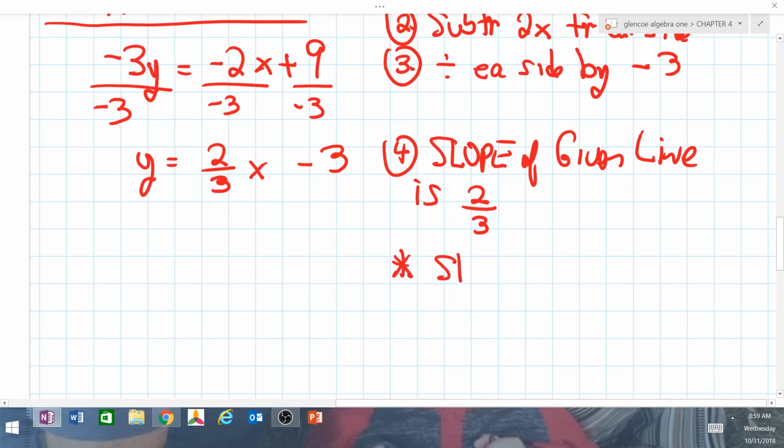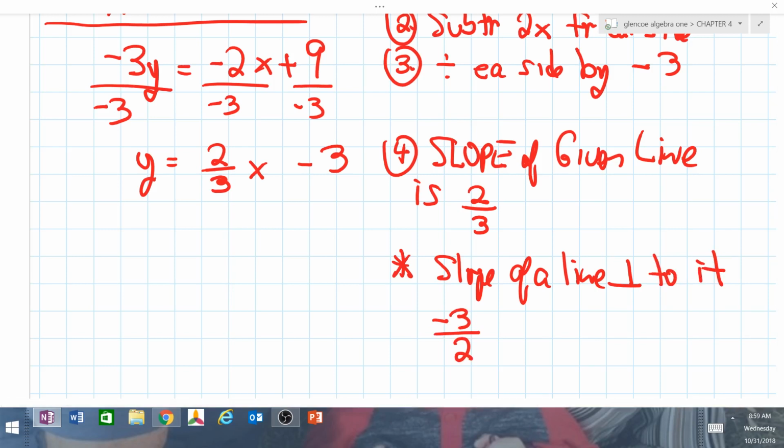That means the slope of a line perpendicular to it would be what, class? -3/2. Remember, to find the slope of a line perpendicular to a given line, take the given slope, flip it, and change the sign.